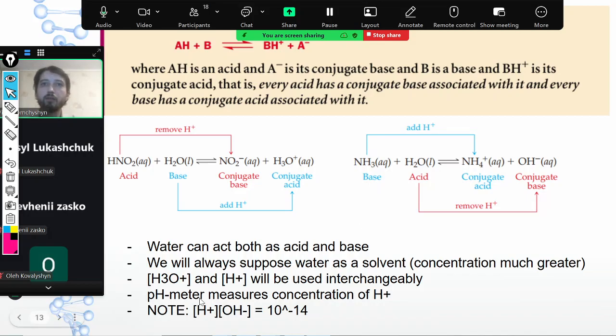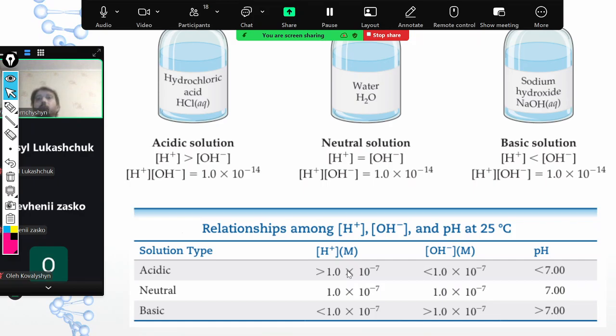Okay, so a pH meter measures the concentration of H+. We are taking a note, so we can measure that. And once again, I'm reminding you about the equation that H+ times OH- should give you this value. Here is just an example. Here is an acidic solution, hydrochloric acid. This is a strong acid, it fully dissociates.